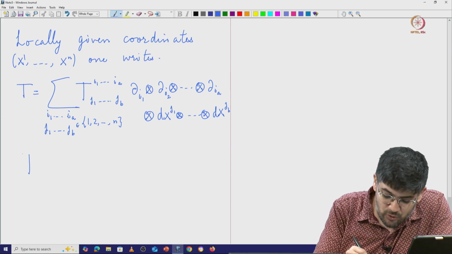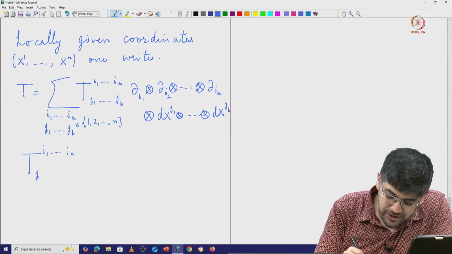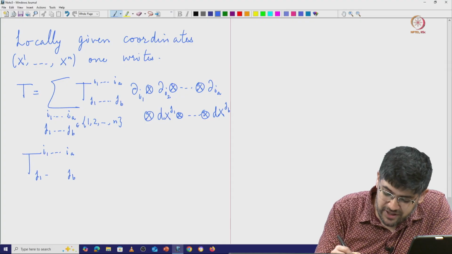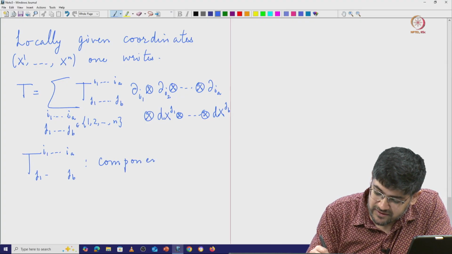These quantities T with upper I1 up to IA, lower J1 up to JB are called components of the tensor.